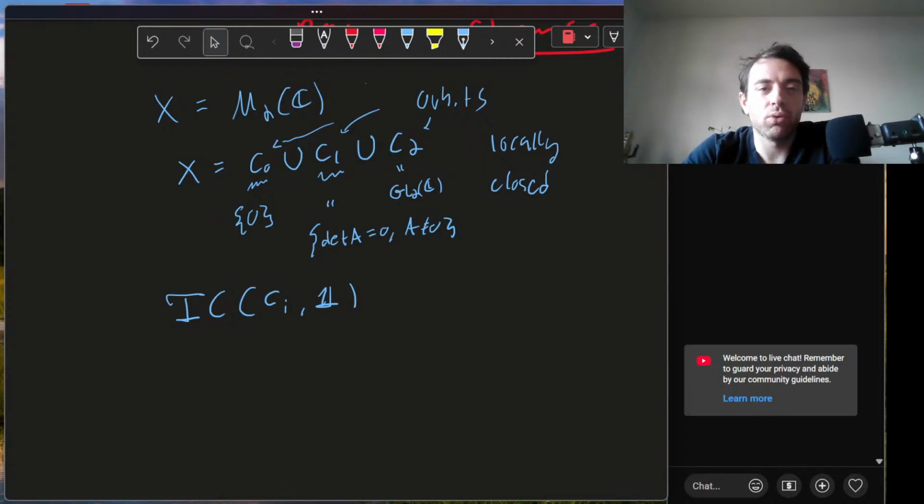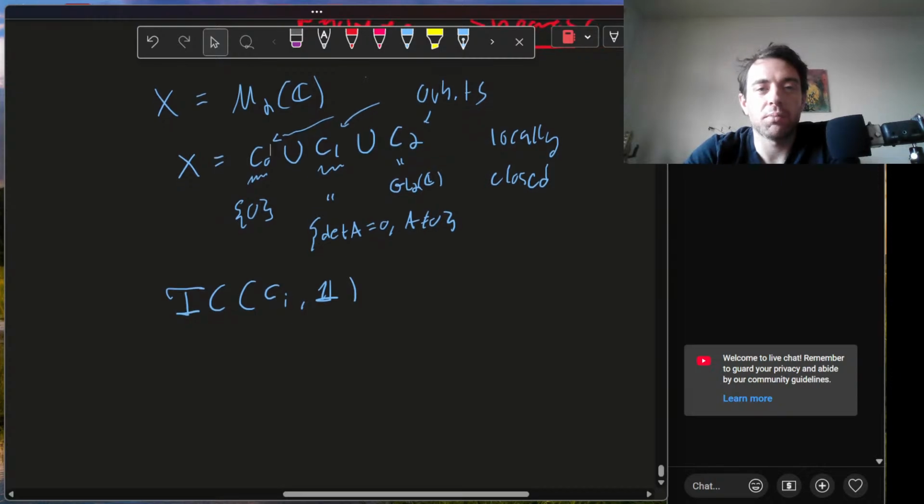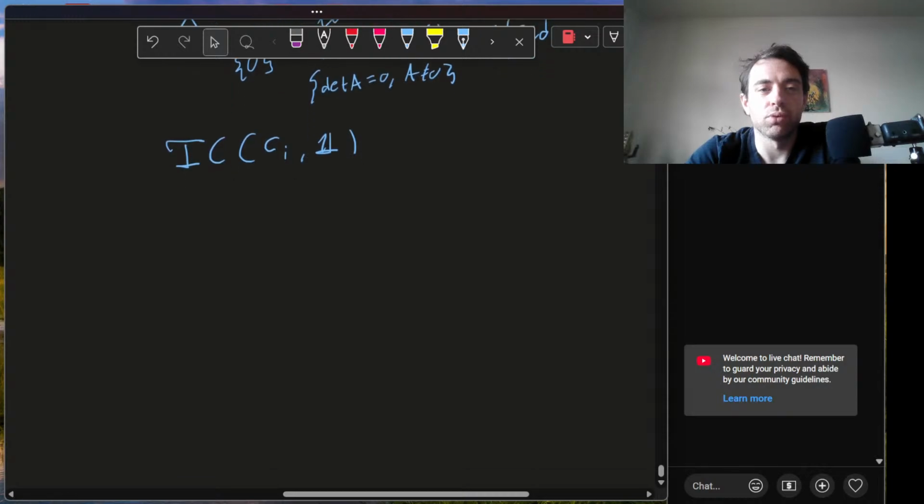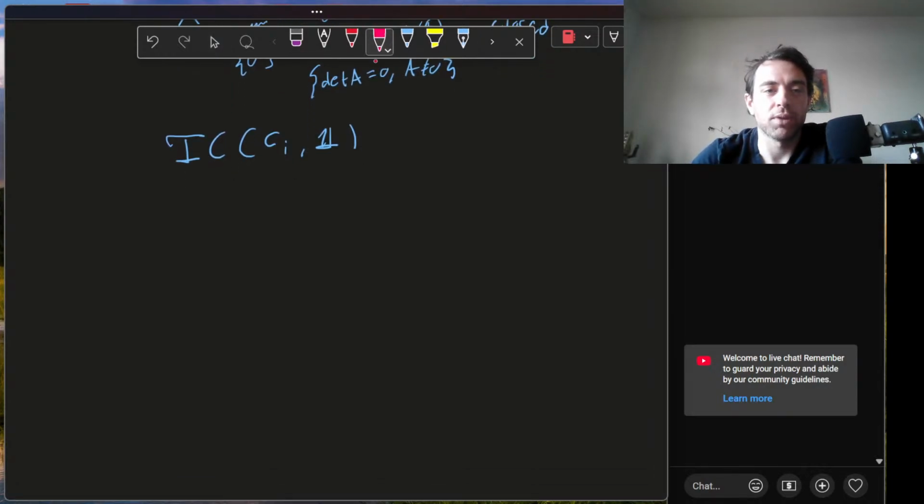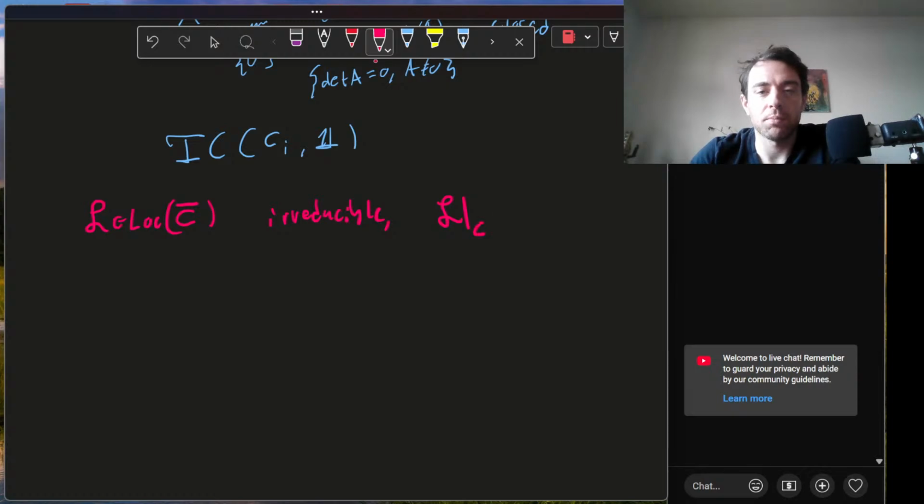Okay, so how are we going to do this? Well, last time I mentioned a couple of rules, a couple of easy tools for computation. One of the general rules I mentioned last time is if the closure of C is smooth, and if you have a local system that lives on the closure, which is irreducible, then the restriction back down to C should still be irreducible.